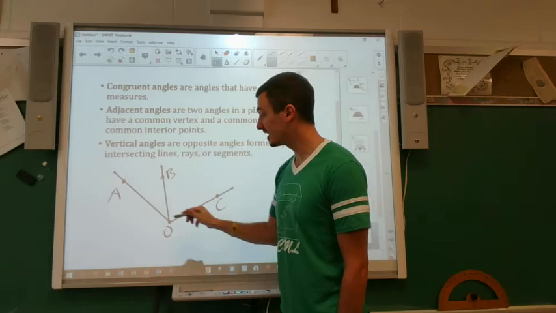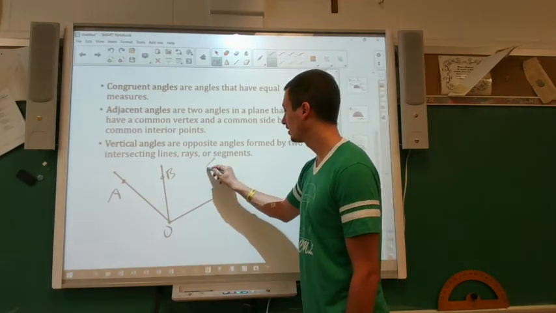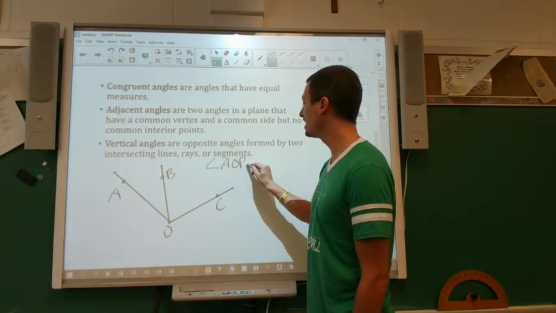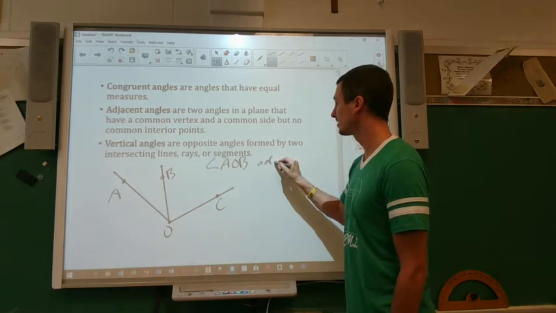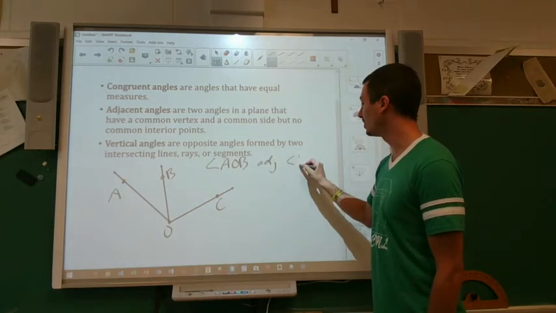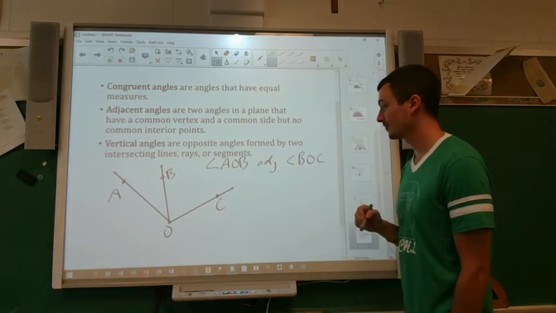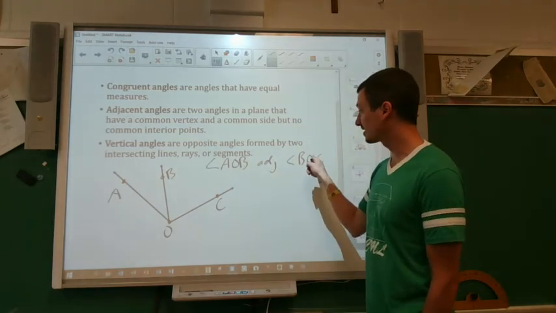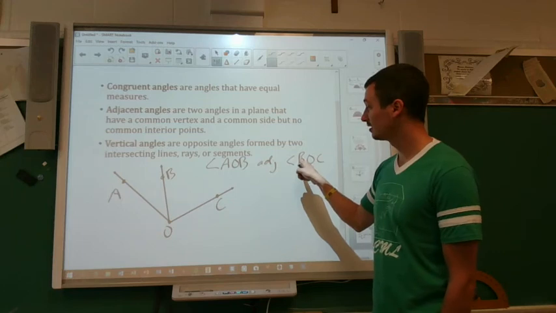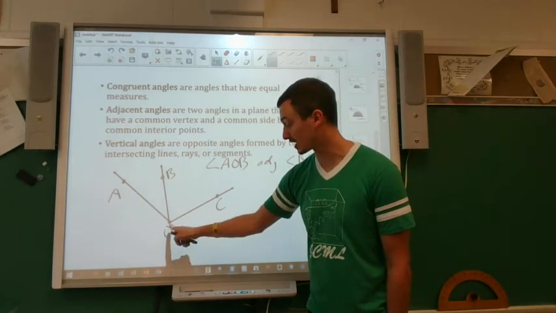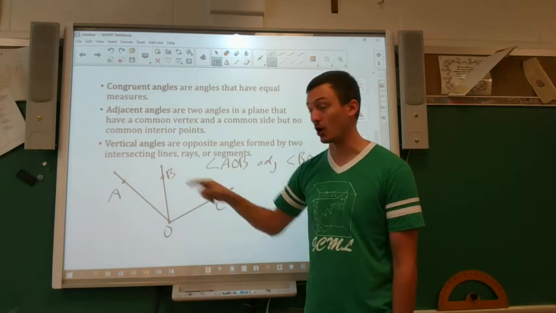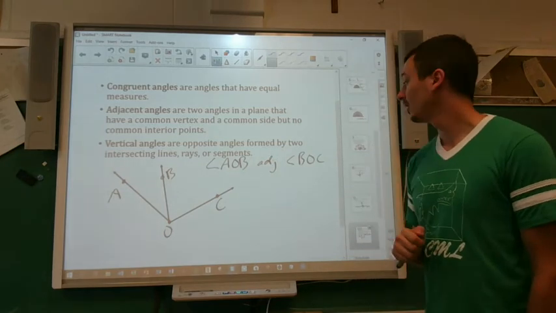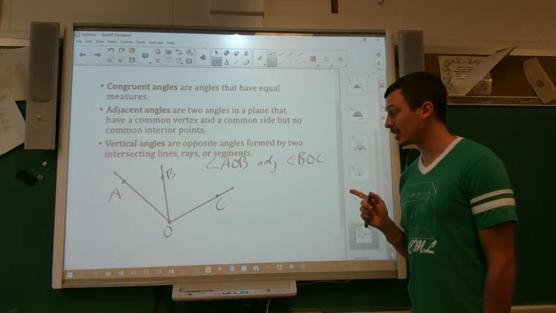We can say that angle AOB is adjacent to angle BOC because they have a common vertex and a common side. They both share vertex O and they both share side OB. But they don't share any interior points.